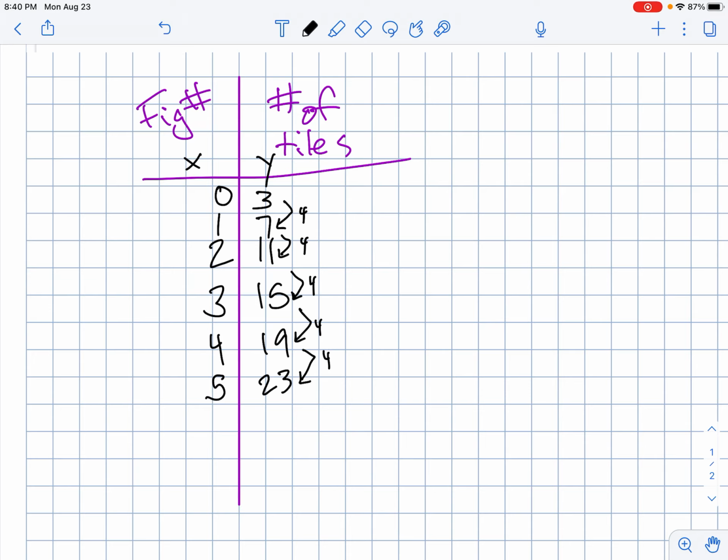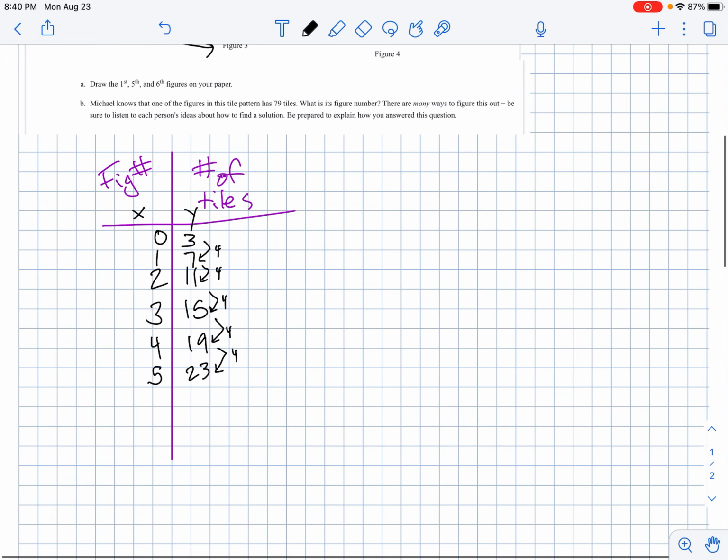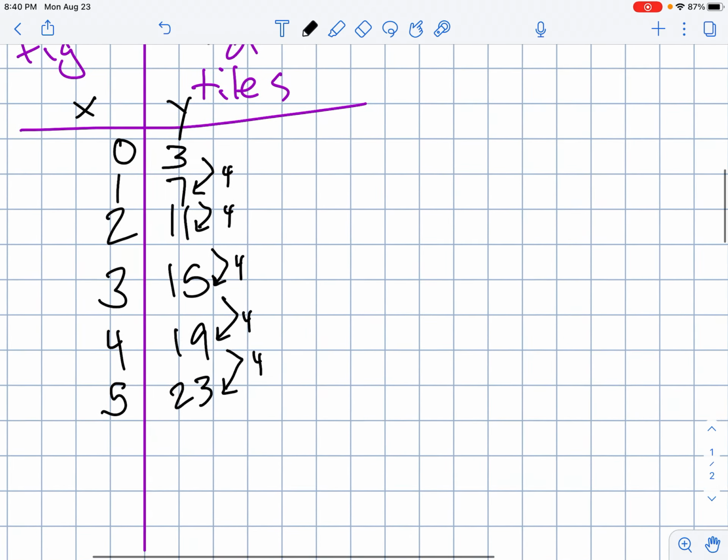We call repeated addition multiplication. So, here's a little trick to these. If you have some repeated addition in the pattern, meaning you're adding the same amount over and over again, you are going to now know that part of the rule for this pattern is going to be multiply by 4 or times 4. So you're going to have 4 times the figure number.